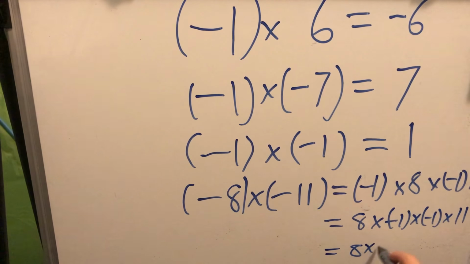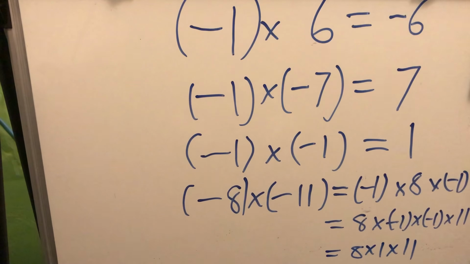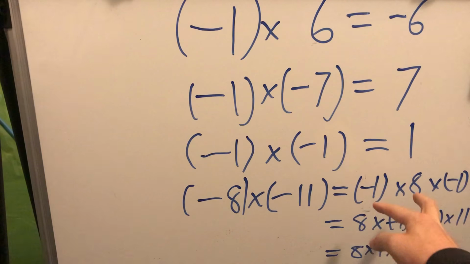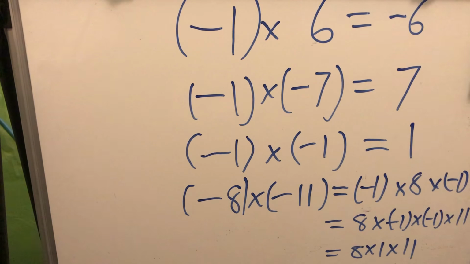So this would just be 8 times 1 times 11, which is equal to 8 times 11. So I haven't explained why a negative times a negative is a positive, but I have related it to a special case. So instead of the negative of any number times the negative of any number, now it's really just the negative of 1 times any number, as well as the ability to swap numbers when you're timesing.